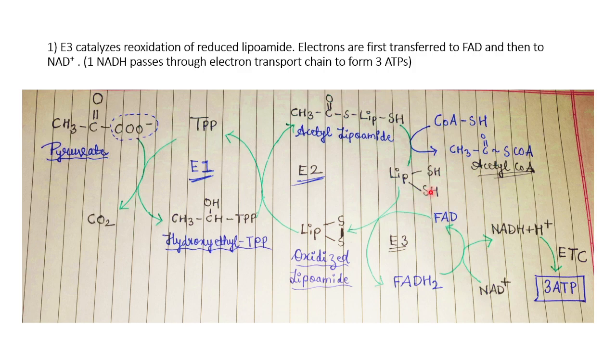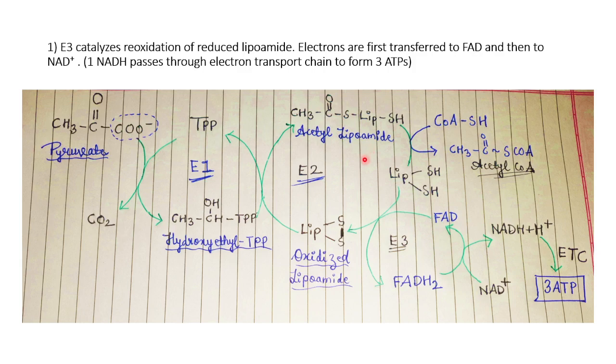Now there should be reoxidation of this reduced lipoamide to oxidized lipoamide so that next cycle of pyruvate oxidation can occur, because we know that initially it should be present in oxidized state, and only then after the oxidation of this hydroxyethyl group, the electrons and H plus ion which have been liberated will be accepted by oxidized lipoamide to form reduced lipoamide, and this acetyl group can combine with the reduced lipoamide to form acetyl lipoamide.